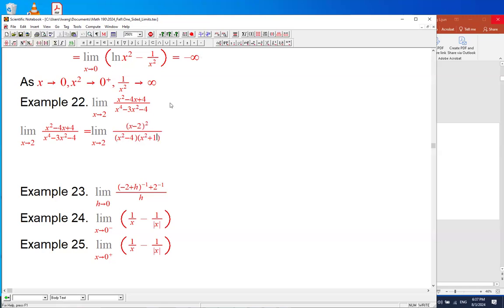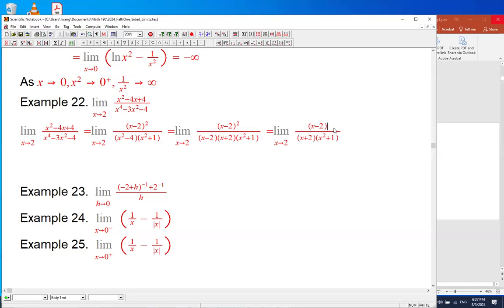That should be the factor. Further factoring, x squared minus 4 can be written as x minus 2 times x plus 2. By this time, we can reduce the x minus 2.